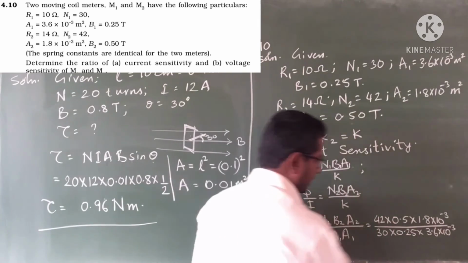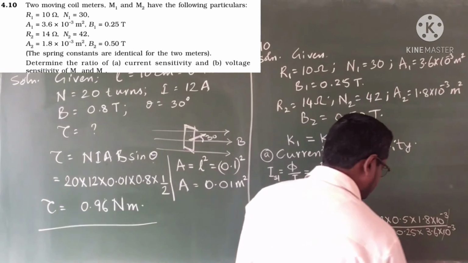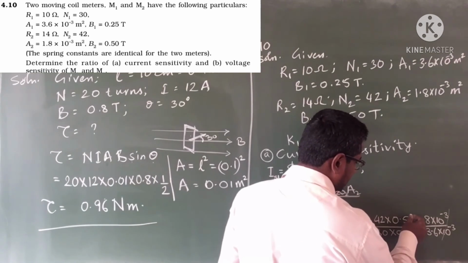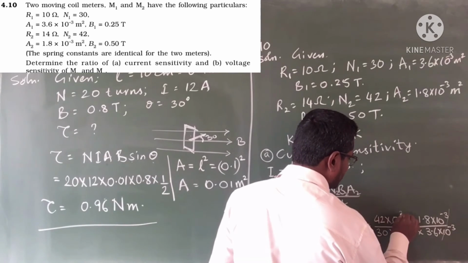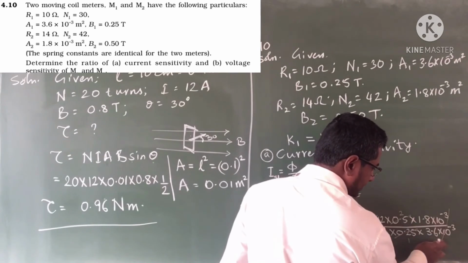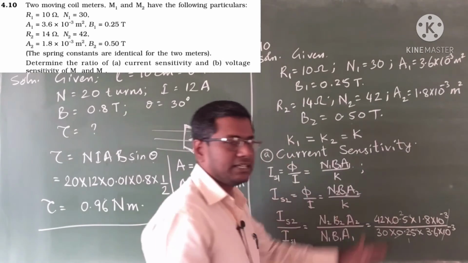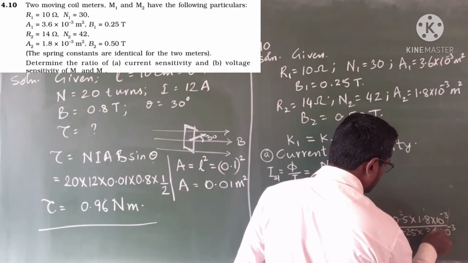Now immediately what we can do here is this 10 to the power of minus 3 cancels out. Then one more thing we know here is there is a 0.5 and a 0.25. 0.25 twos up to 0.5, so these two will cancel each other. Similarly, there is a 1.8 and 3.6. It is like the table of 18: 18 ones are 18, 18 twos are 36.